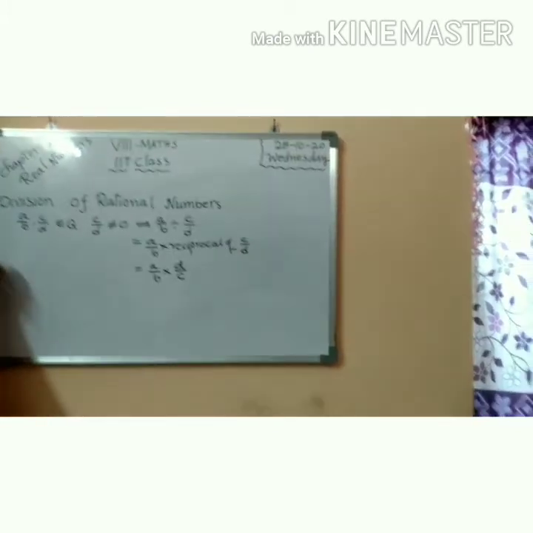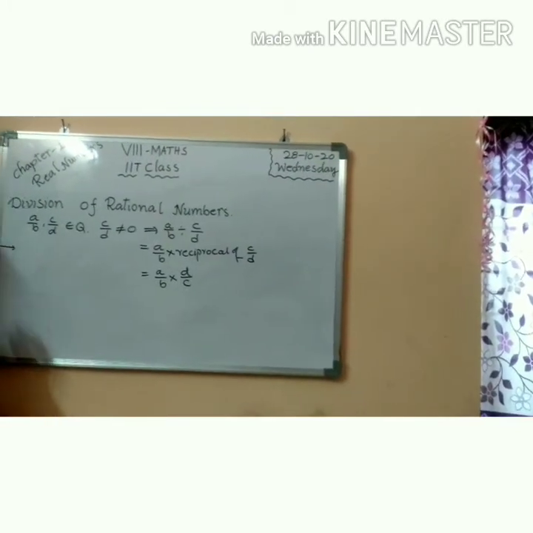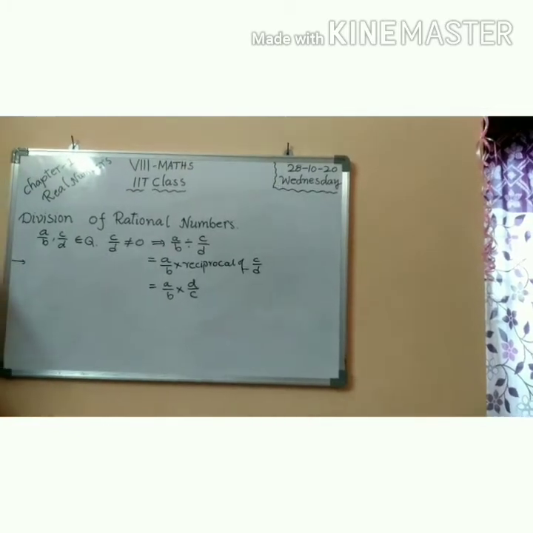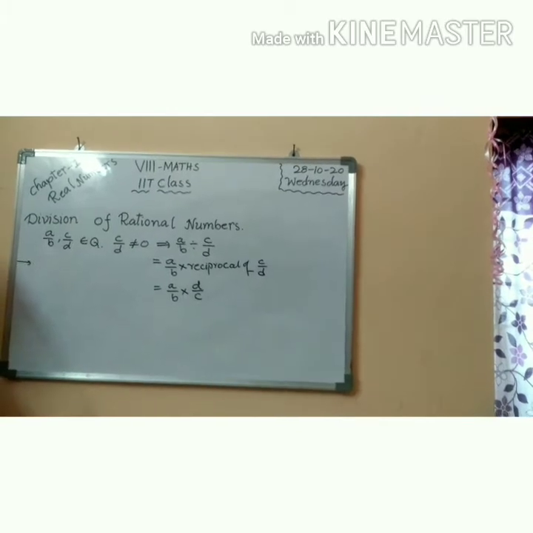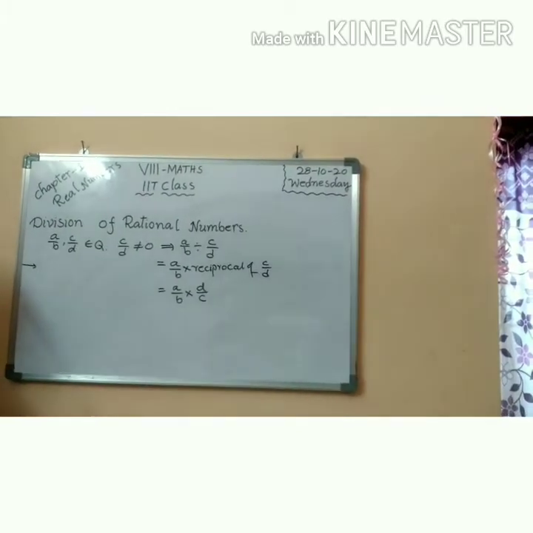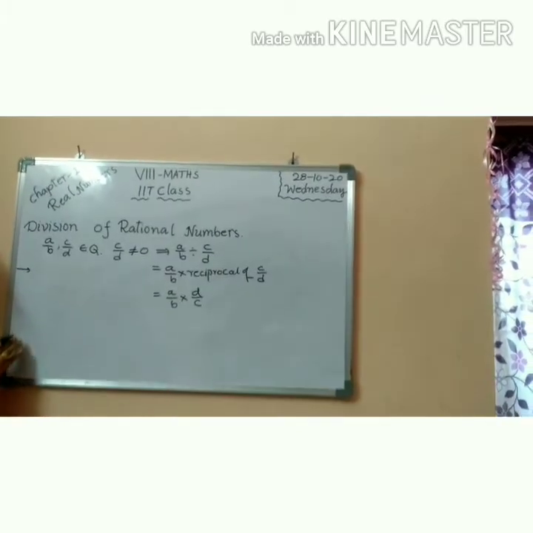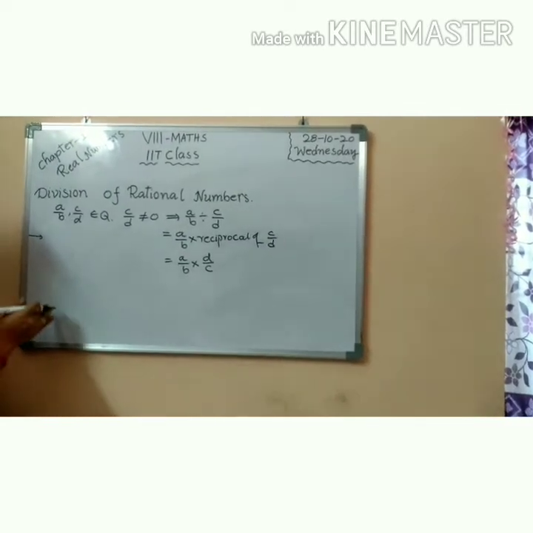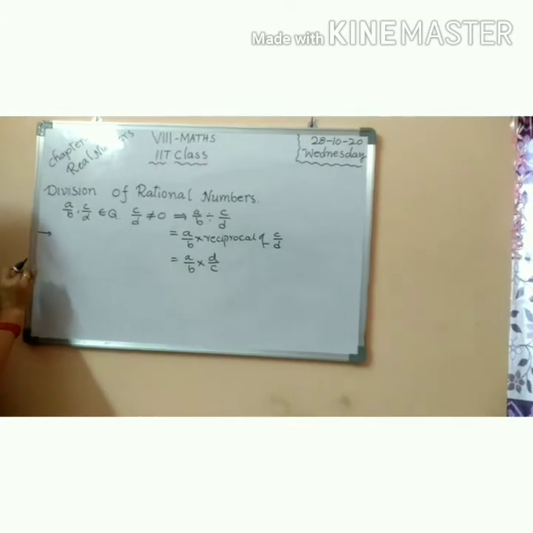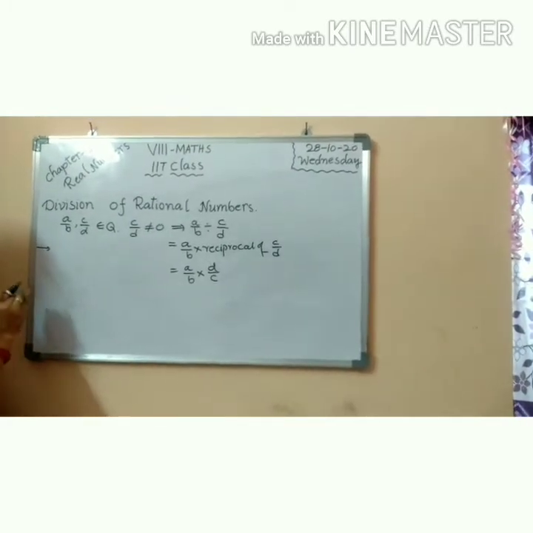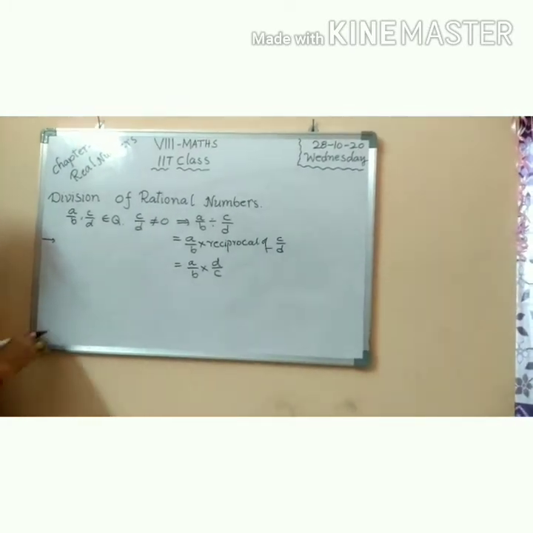In this case, properties are also there. Similar to subtraction of rational numbers, where only closure property and existence of identity are possible, in division of rational numbers also only closure property and existence properties are possible.